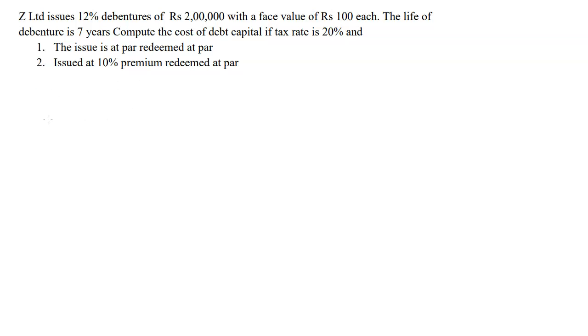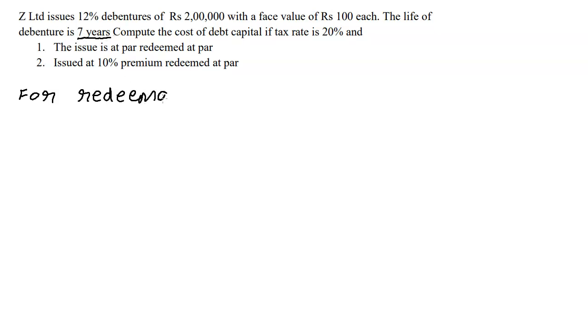Now, before we get into the calculation, remember that in the case of redeemable debt, how do I know this is redeemable? Because it has to be paid back after 7 years. The life is 7 years.